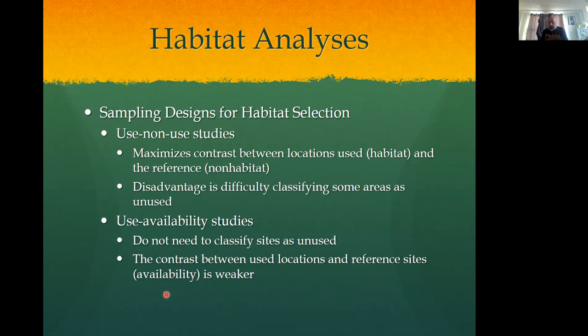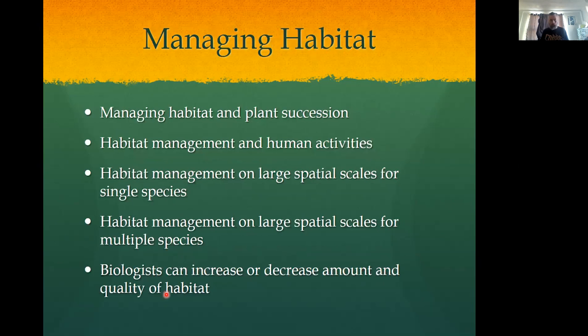Ultimately, we're going to use all of this stuff on management decisions. And so, different ways that we might try to utilize this within management, we might think about, say, managing habitat and what we call plant succession. We talked about the notion of succession before, where plant communities change through time in predictable ways.